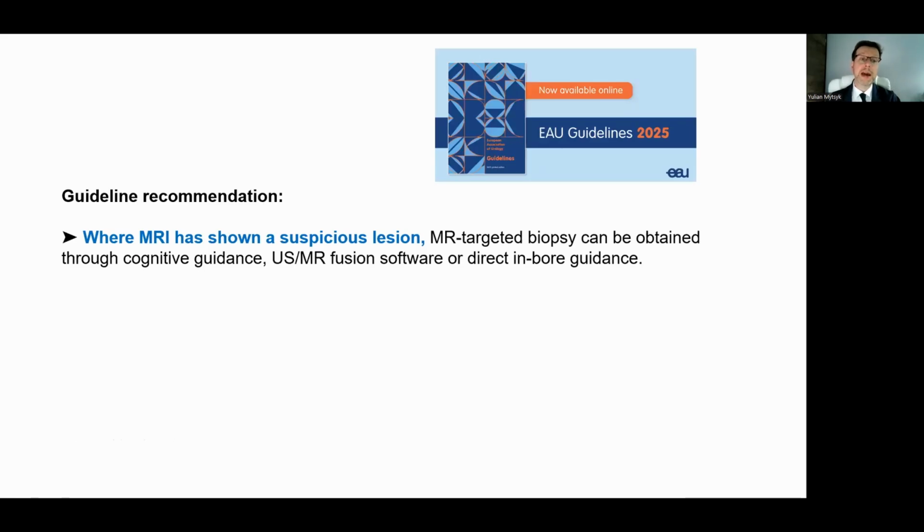So according to the guideline recommendations, when the MRI has shown a suspicious lesion, the MRI-targeted biopsy can be obtained through cognitive guidance, using ultrasound and MR fusion software, or indirect in-bore guidance.